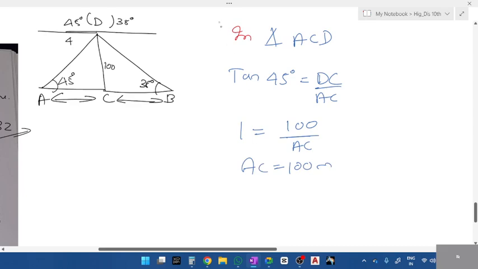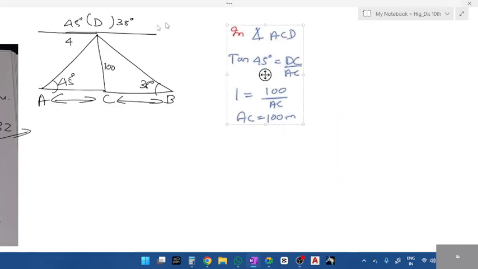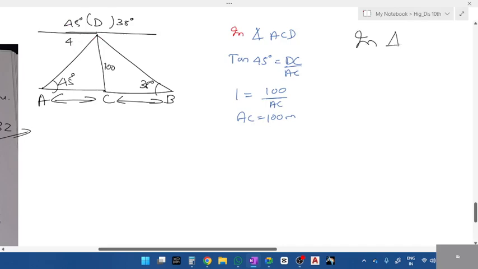Next, Lemula, tell me the other triangle. Unmute and answer. Other triangle. No, no, tell me the other triangle. Triangle DCB.